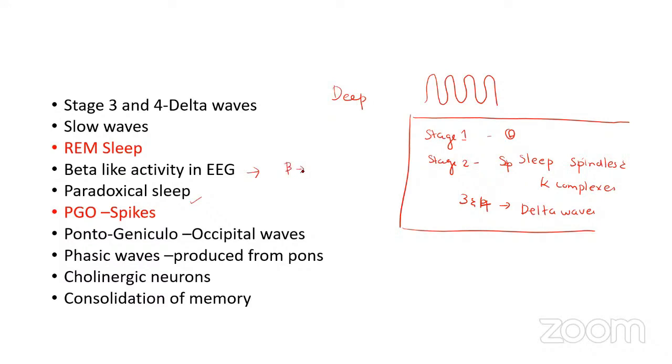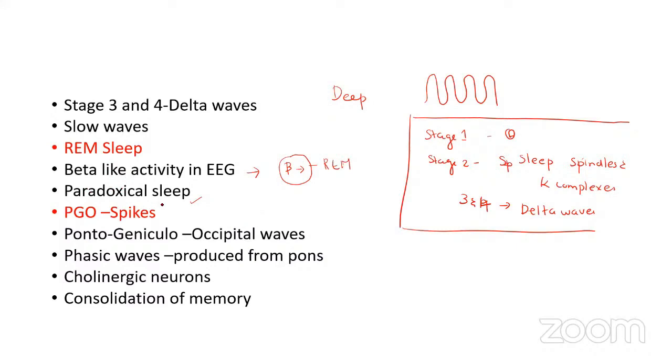Beta waves, we know, are seen in the conscious alert state, eyes open. But these kinds of waves can also be seen in the REM stage of sleep. That's why it is a paradox here. So that's why it is known as paradoxical sleep. So very important. Please note this point. It is a paradoxical sleep. In REM sleep, we get beta-like activity.